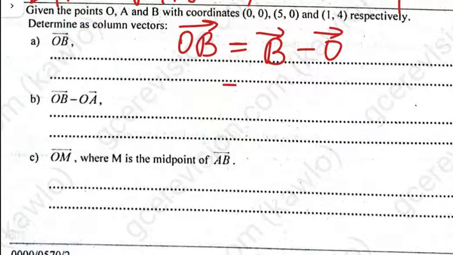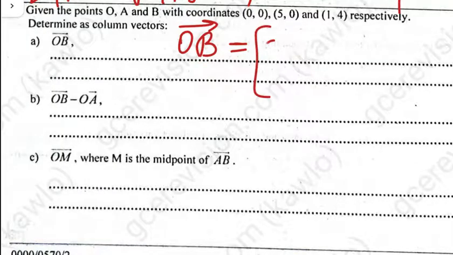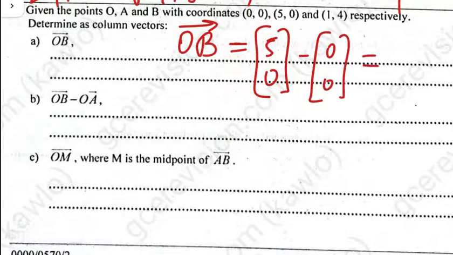So this will give us, for B minus O as column vectors, B minus O: we have (5, 0) minus (0, 0). And what does this give us as a column vector?